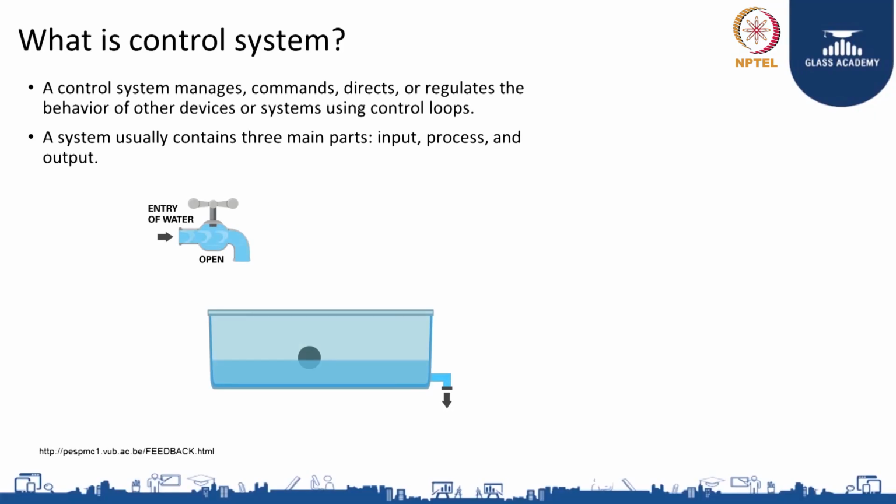When the float reaches the level where we want the water to be maintained, at that level it closes the valve. So basically we are able to maintain the water level and control the flow from the tap by controlling the valve and achieve the desired water level. So this is a simple example of control.